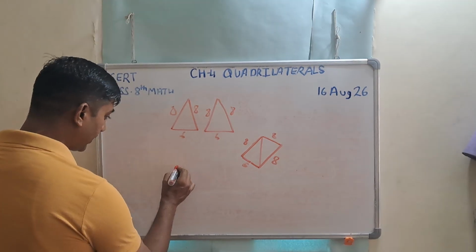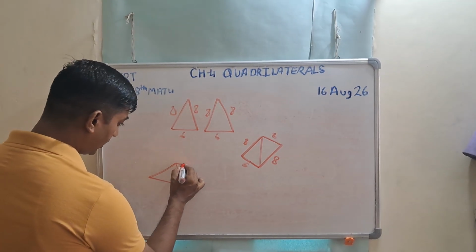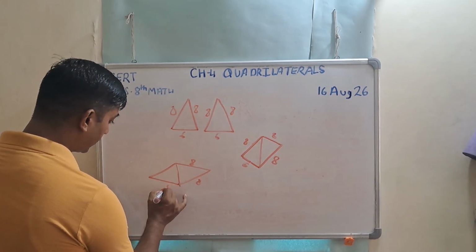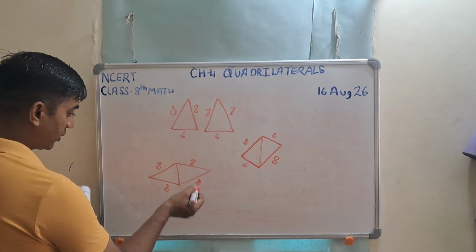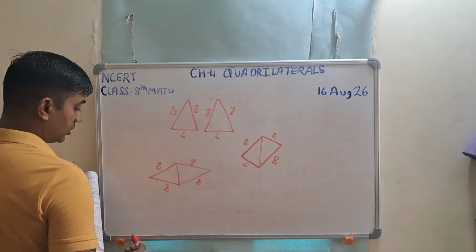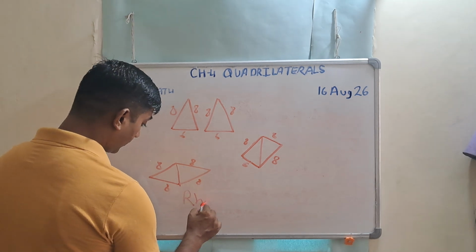But when we join the smaller sides together, if this is 6 centimeter that we have joined and the rest of the sides are 8 centimeter, in that case what will this figure become? In this figure all the sides are equal. Understood? All the sides are equal, and you conclude that this is a rhombus.